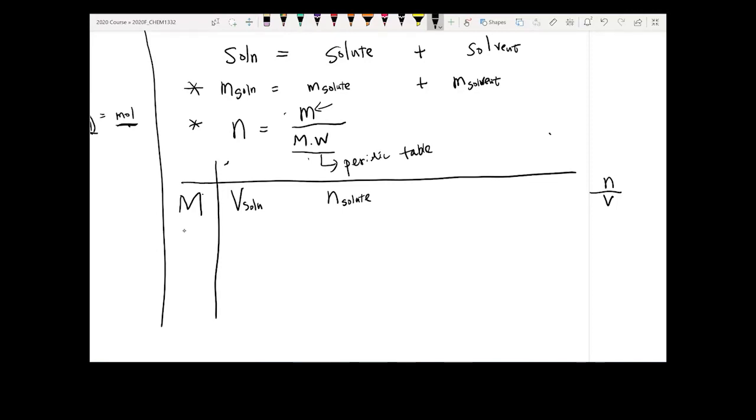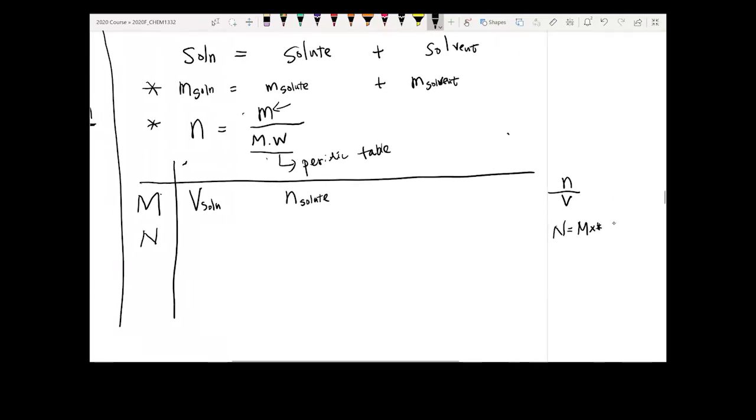And then we know the normality is just equal to the molarity times the number of equivalents. Then we learned about the mass percent.